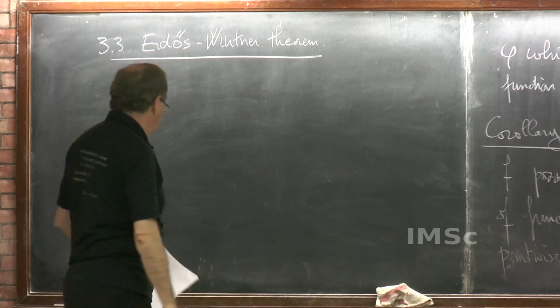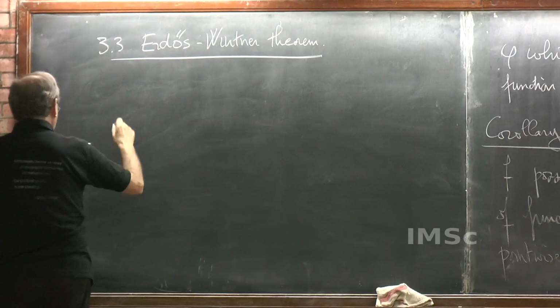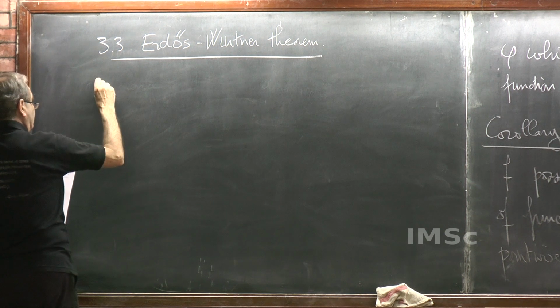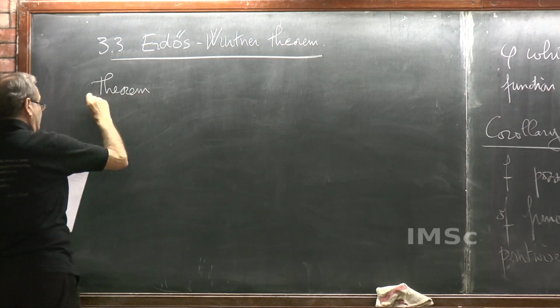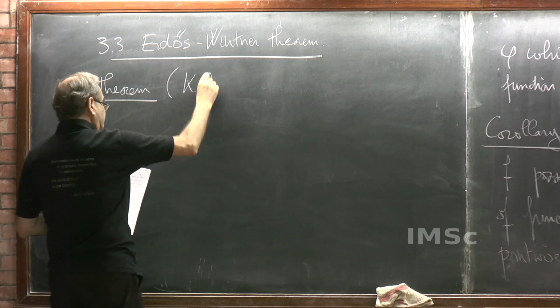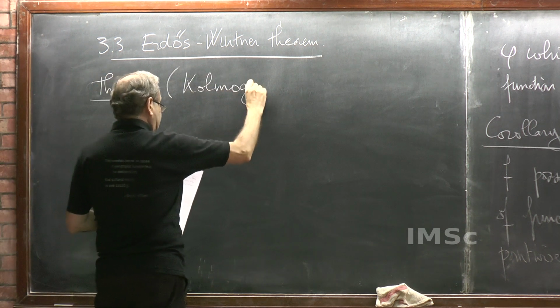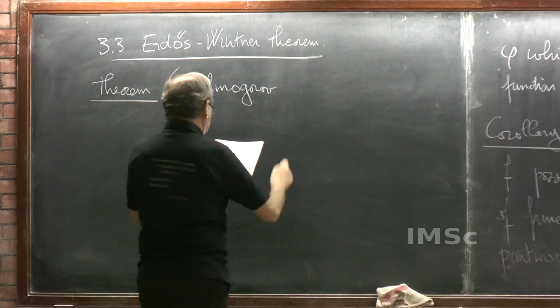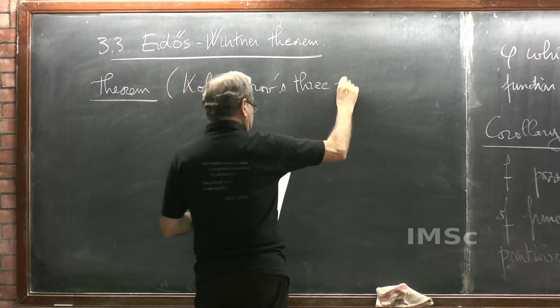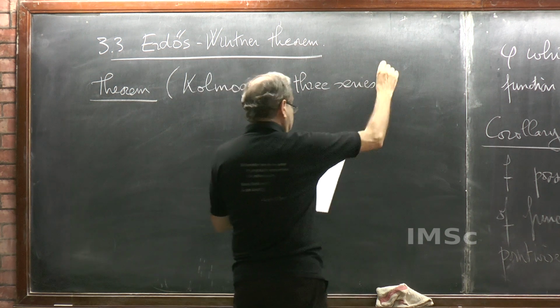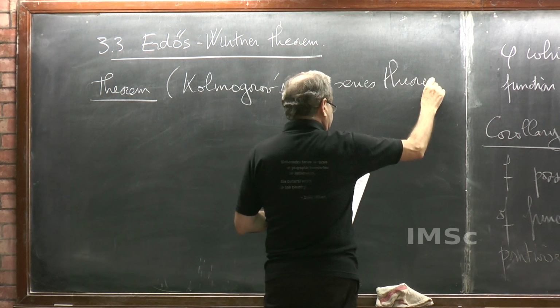I start by quoting the following result of Kolmogorov. You have a probability theorem which is called Kolmogorov's three-series theorem.